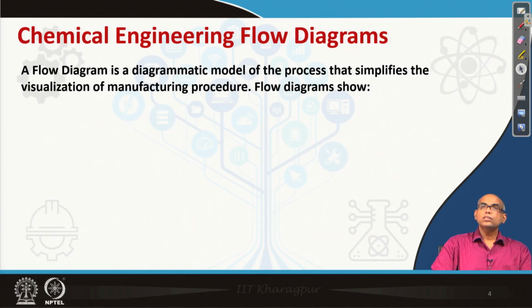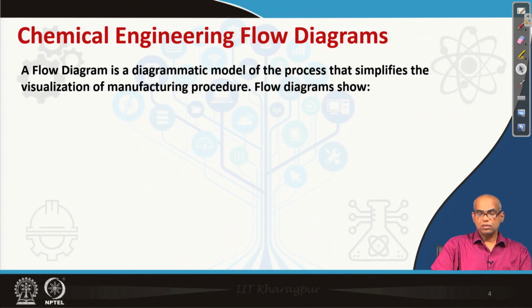So, what are chemical engineering flow diagrams? A flow diagram is a diagrammatic model of the process that simplifies the visualization of manufacturing procedure.